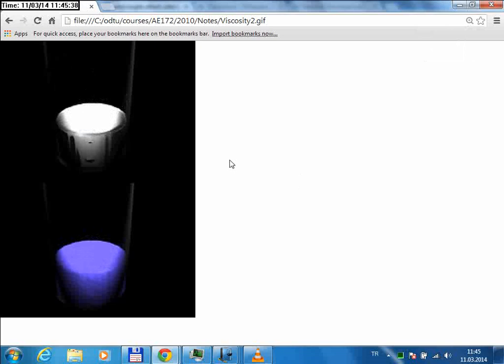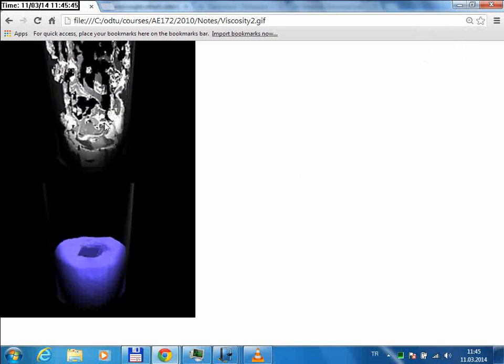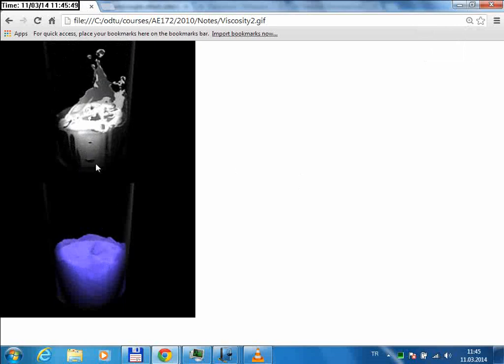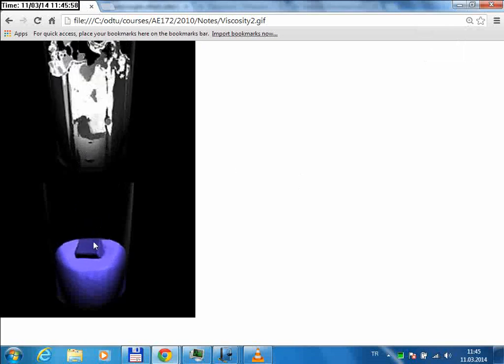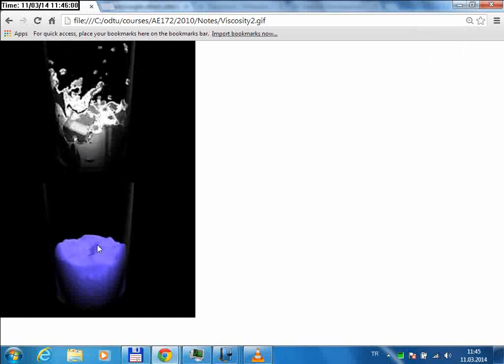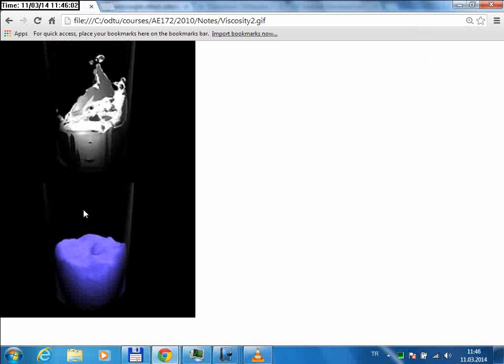In this case, there is no direct flow, but we have two cups of fluid, and an object is dropped into the fluid, and the response you get is quite different, right? In the below case, the blue one, when the object hits the surface, it slowly sinks into it. You don't see any random chaotic splashes around.